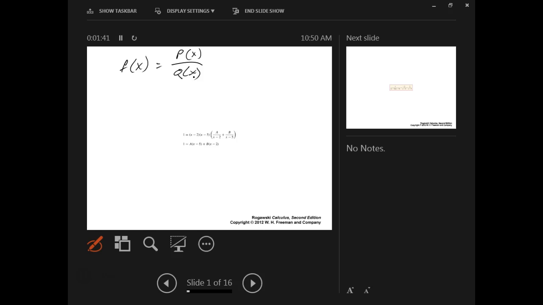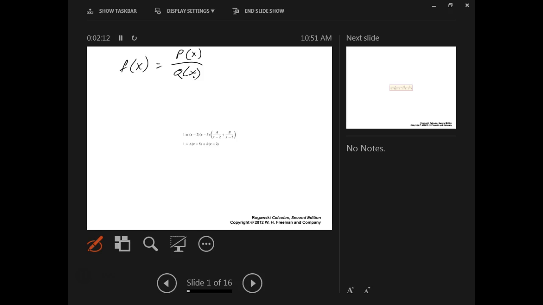Most of the time, capital letters for a function mean polynomial. Especially P or Q, almost always a polynomial function. And since they can't use P again, they do the next letter, Q. So the ratio of two polynomial functions is a rational function. Exactly. This is what we call a rational function.